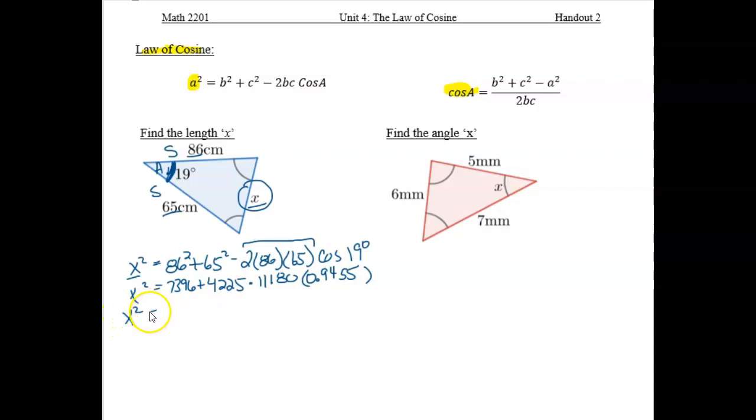So x squared equals, you're going to add these two sides together, and that's going to give you 11,621. Subtract, and it's subtract this answer. You're going to take your 11,180 and multiply by 0.9455.